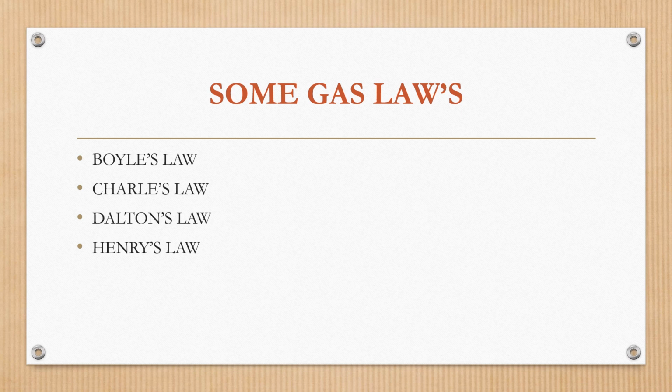So Henry's law: the content of gas dissolved in any solution is directly proportional to the partial pressure of the gas. If it has more molecules, that will cause its higher solubility. I hope it's clear to you.